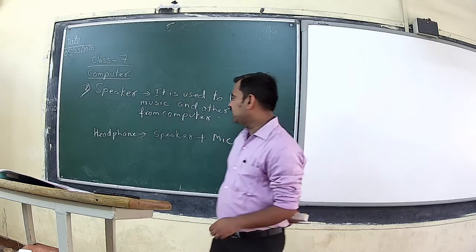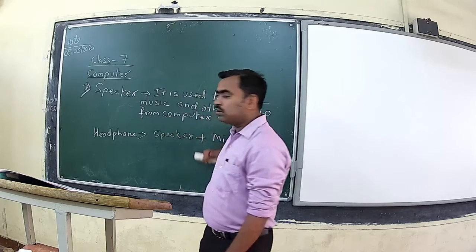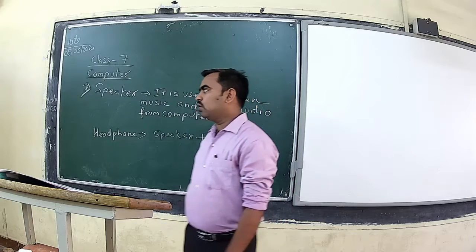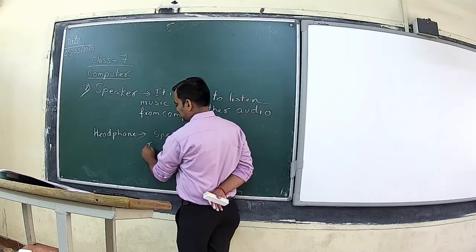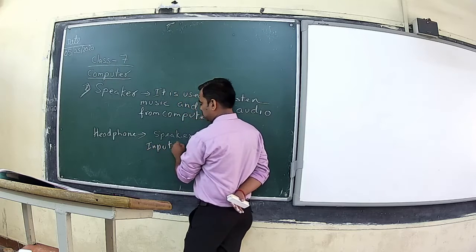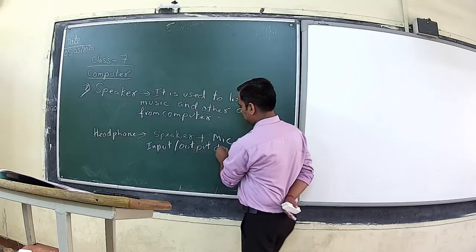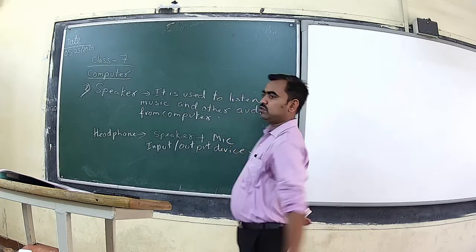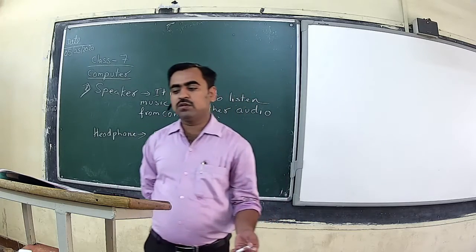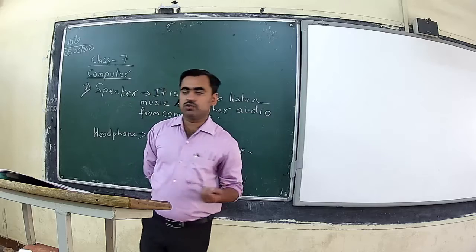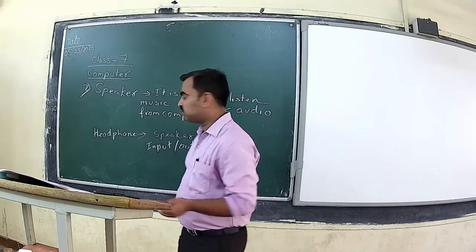The headphone is the combination of speaker and the mic together, and so it works as an input output device. So through the headphone you can either give the input to the system, or you can get the output also. Okay, so this is another type of output device.